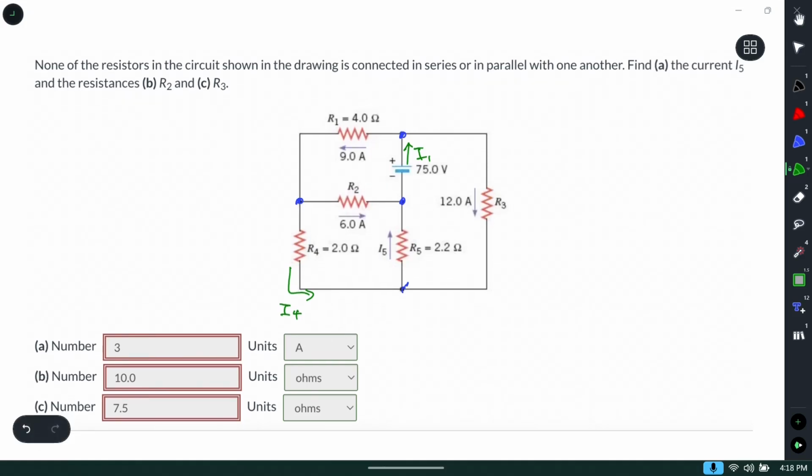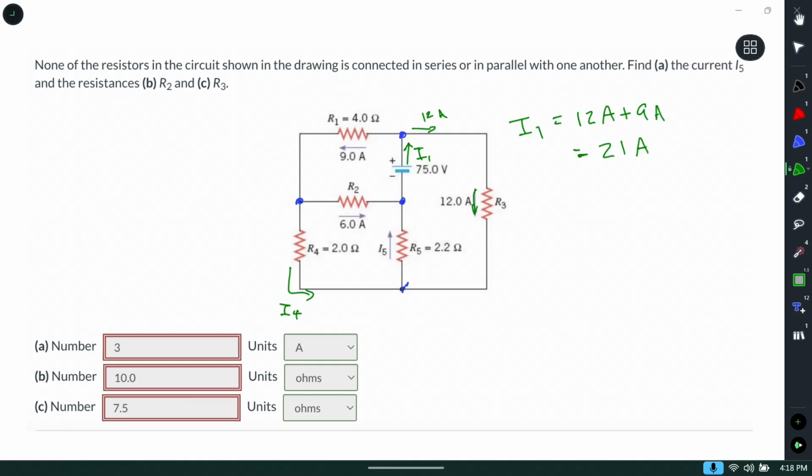But based on that guess, I would say at this junction, because I know 12 amps left it from up here, that what goes in, I1, equals what comes out. 12 amps plus 9 amps. So 21 amps.